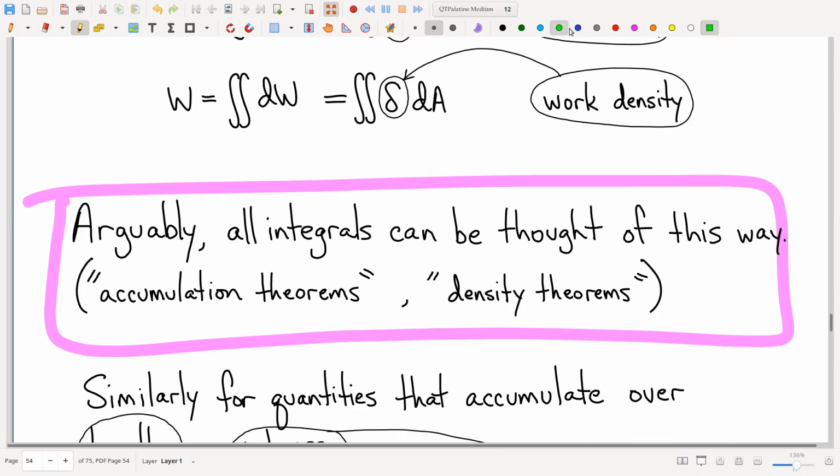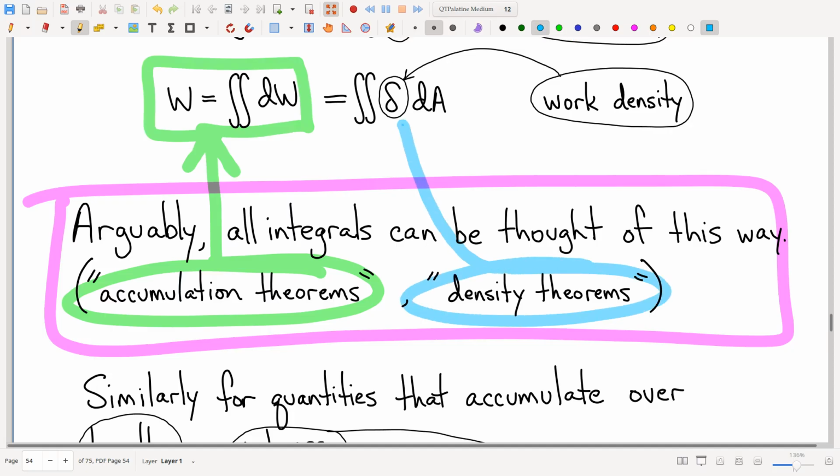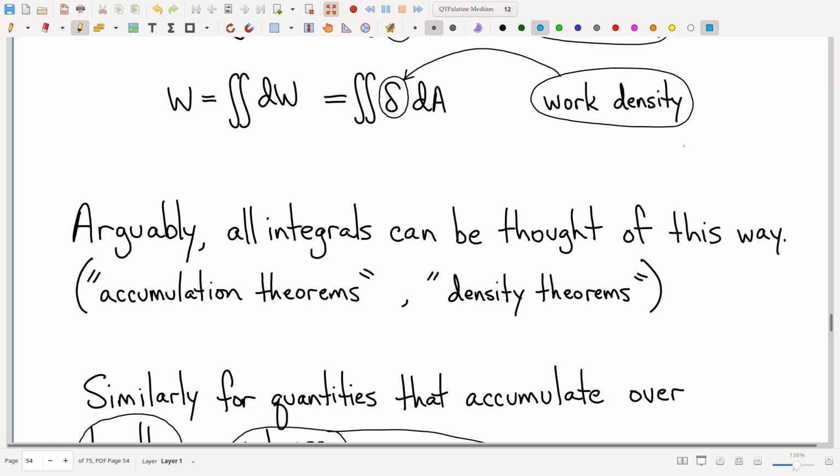Just a little bit of terminology. Sometimes I call these accumulation theorems because the fact that they are accumulating quantities is really kind of the key point. And then also sometimes I like to call these density theorems because the density is the integrand. So that's just terminology, but anyway, you're going to hear me say both of those expressions here and there. Okay.